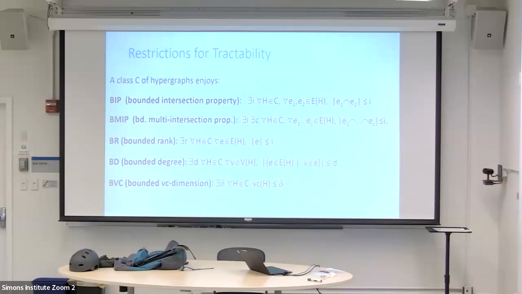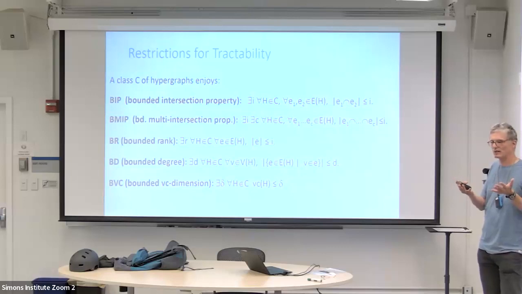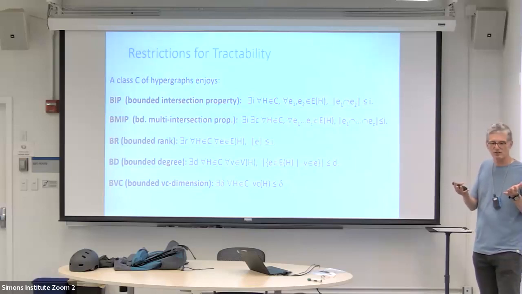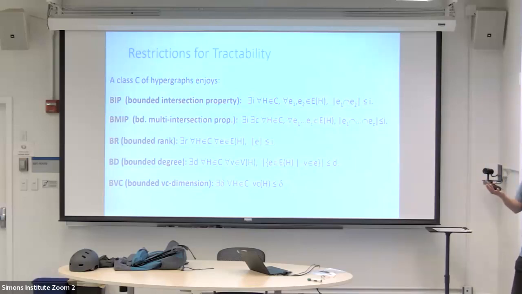And bounded degree, again, this seems rather natural, but it turns out that we found lots of instances with high degree. So degree means in how many edges a vertex occurs at most. So in case of a conjunctive query, you would join over the same variable many atoms. And apparently this can happen quite frequently.